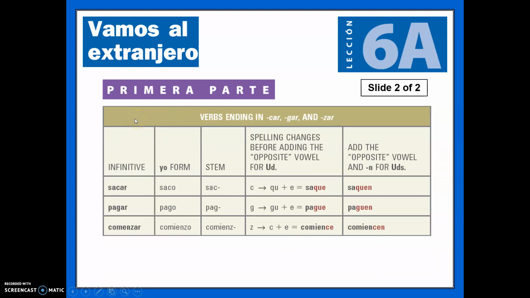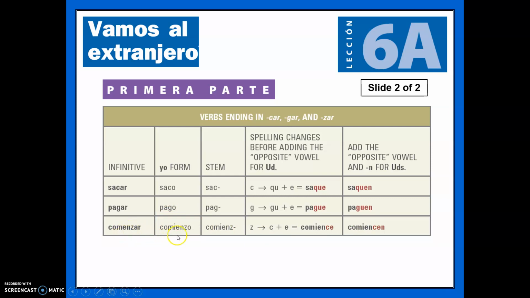This goes over one of the irregulars, which shows us the spelling change that happens for verbs that end in car, gar, and sar, which we've already went over. You do the spelling change. The C changes to QU plus E, the G to GUE, Z to CE. And notice here that because we conjugate it first into the yo form, this remains in its stem changer form.